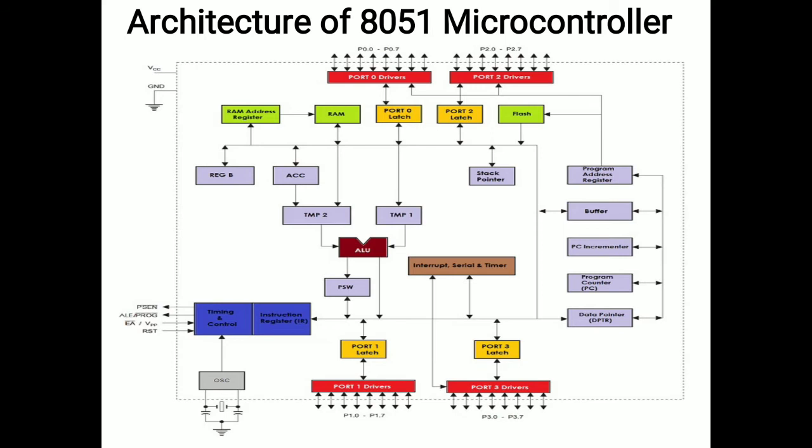So auxiliary carry and carry are the bits generated while an ALU operation is going on. Auxiliary carry is generated when a carry is generated from the lower nibble to the higher nibble, in the sense of from D3 to D4, from bit 4 to bit 5.